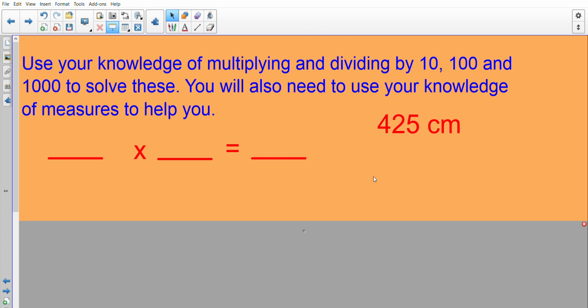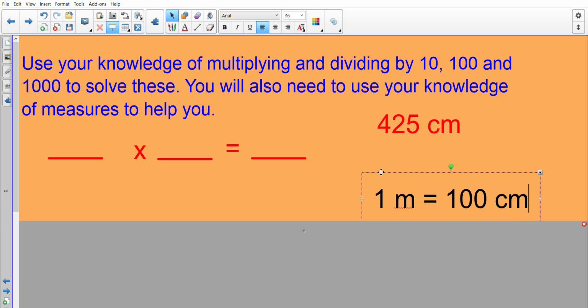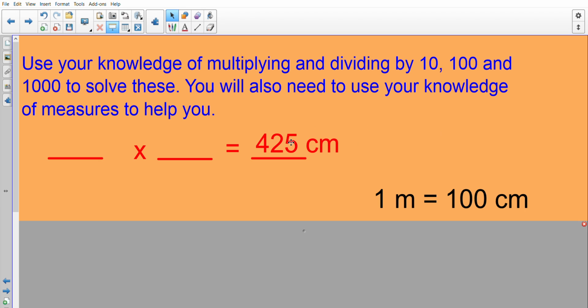Well, let's remind ourselves, 1 metre equals 100 centimetres. So let's use our multiplying or dividing by 100 to solve this. I'm going to put 425 centimetres as the answer. So something times something equals 425.